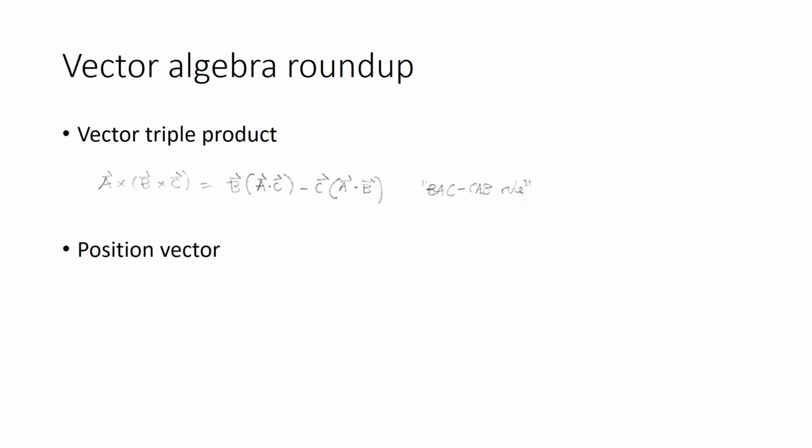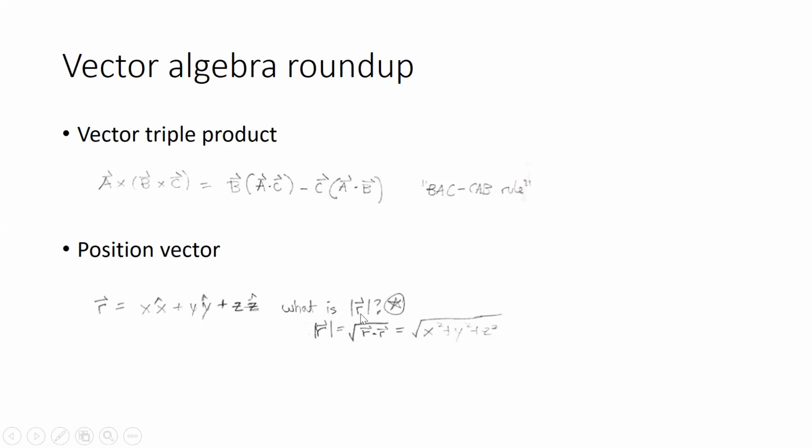And finally, the position vector, we'll be using that in future classes and relationships. This should be fairly straightforward, hopefully, but the position vector R of a point in space would just be equal to its x-coordinate times x hat plus its y coordinate times y hat plus its z coordinate times z hat.